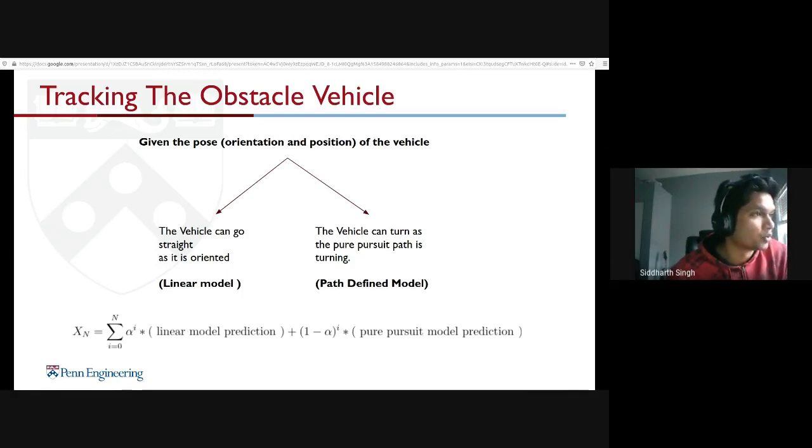So when i becomes n, which is the highest, we will have very little weighting on the linear model prediction and very high weighting on the pure pursuit model prediction. But initially, when i is 0, alpha is 1, we have entirely the linear model prediction. Is that clear to anyone? Are there questions for this?